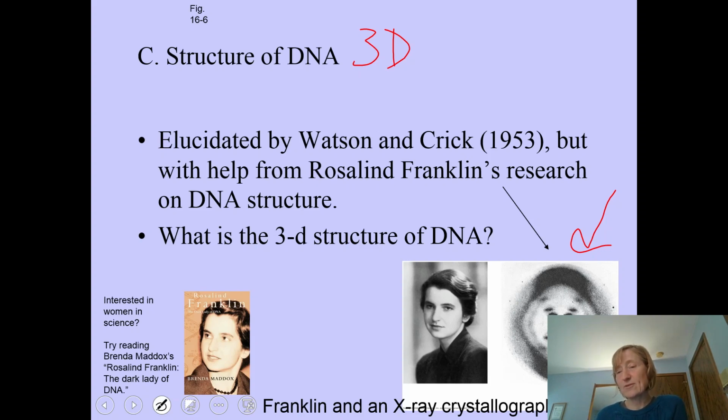She was kind of poo-pooed by Watson and Crick, who worked in a different university, although they at one point sort of received from one of Franklin's colleagues who worked with her and didn't really like her. His name was Maurice Wilkins. He gave Watson and Crick a picture of Franklin's X-ray crystallography of DNA, and she didn't know it.